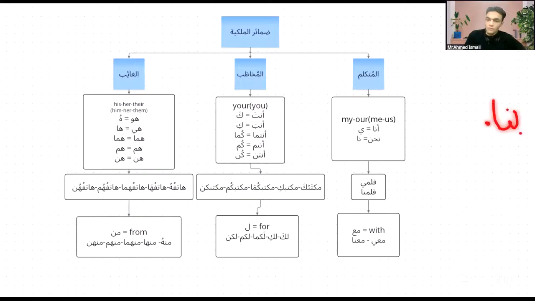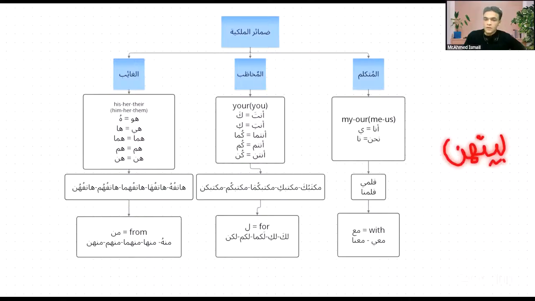Sorry, here it will be بناتهن because I mean a group of females. So بناتهن. Okay, I want to say, for example, their house for a group of females. I would say بيتهن. You know the بيت, which means house. So I say بيتهن, which means their house.